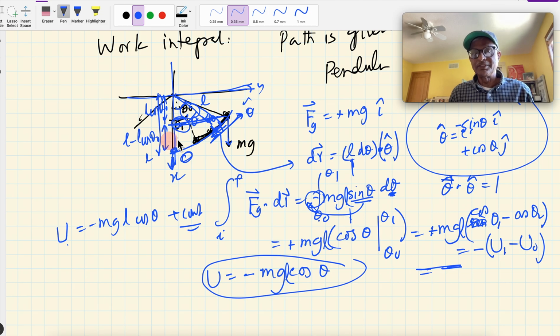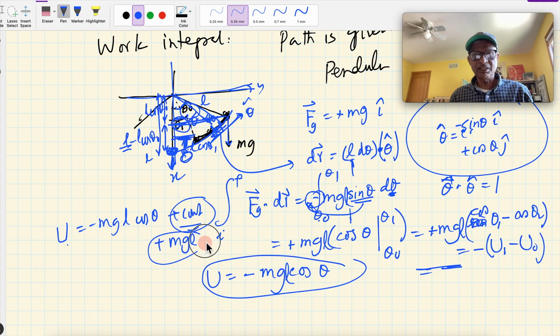And over here it will be L minus L cosine theta 1. So we add up a little bit in these things. Normally when you use this as 0, it's going to be mgL plus add-ons like this. But this is just a constant. It makes no difference in the physics.